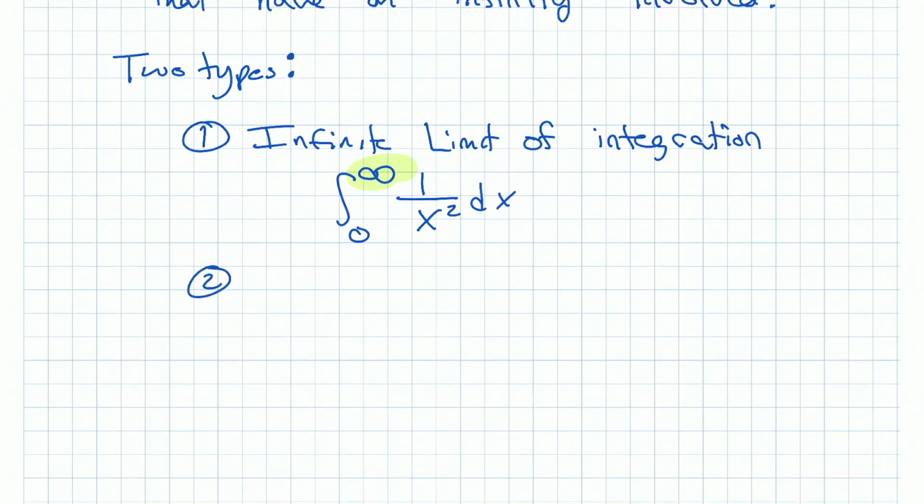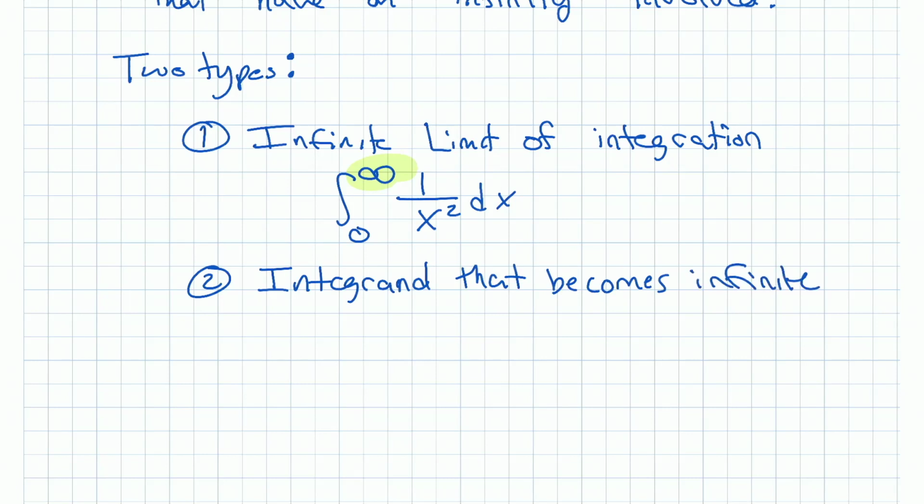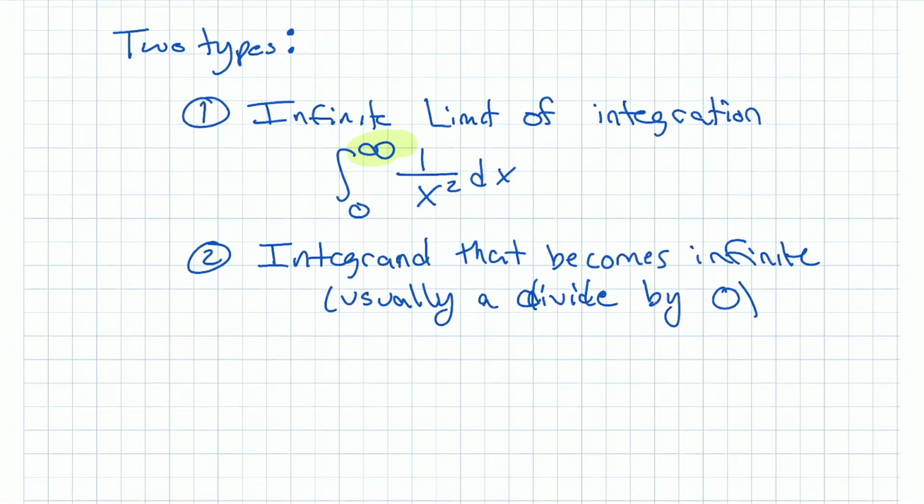Now, the other type is going to be an integrand. Integrand is the thing you integrate. So an integrand that becomes infinite. And that's going to be, usually, a divide by zero.